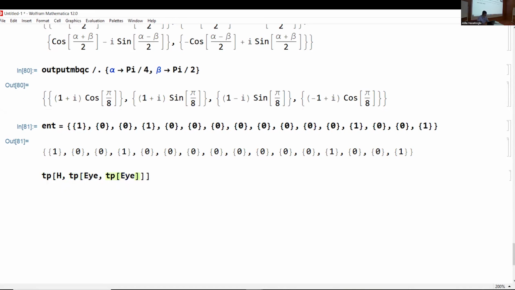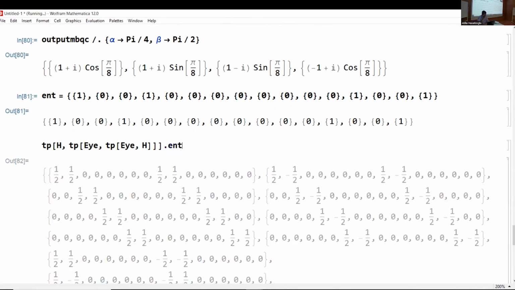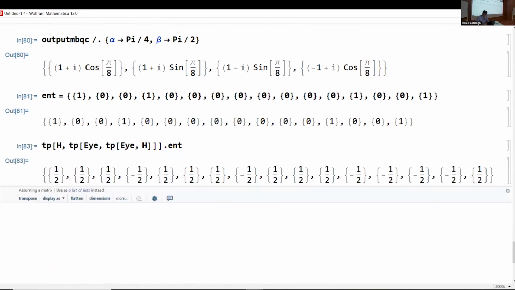Nothing on the third qubit, and Hadamard on the fourth qubit. Just ignore the normalizations for a minute.